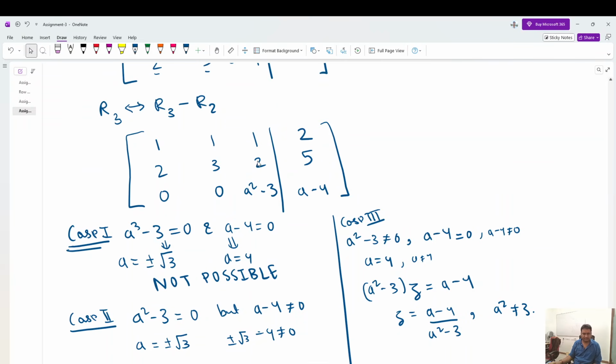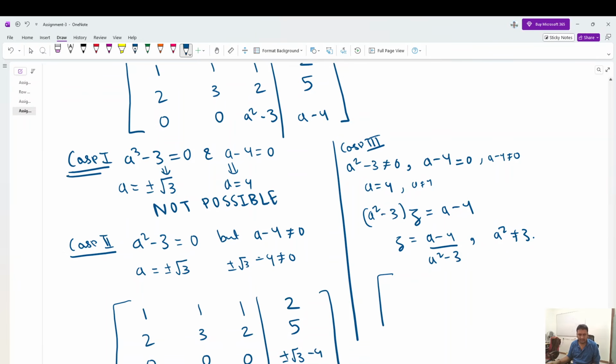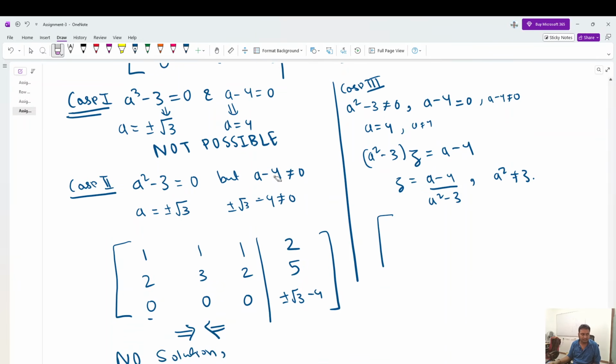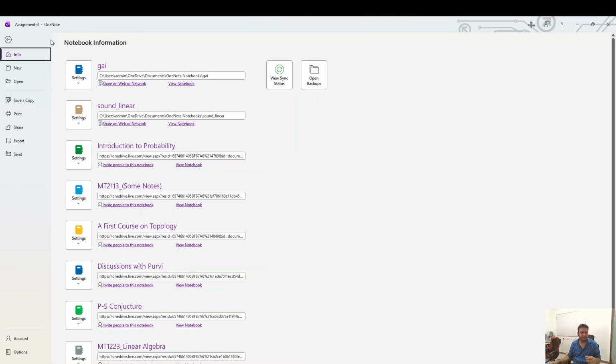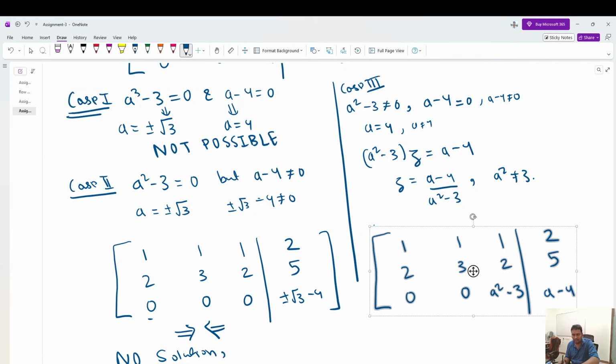If you want to simplify the solution, just do this. Let me draw this matrix for a moment.